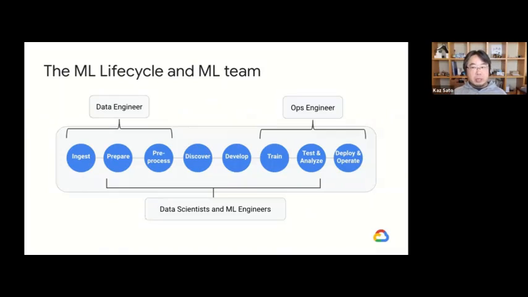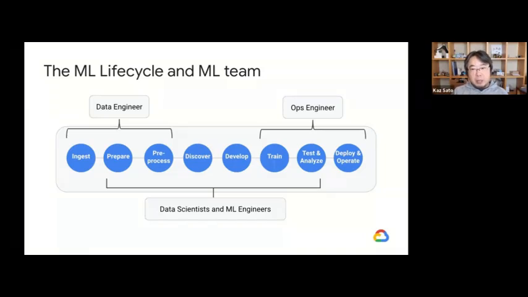For example, the data engineer should be responsible for ingesting the data and applying large-scale data preprocessing by using BigQuery or Apache Spark and so on. Whereas the data scientist can focus only on designing the machine learning model, thinking about how they can achieve high accuracy, or maybe thinking about explainability if needed.